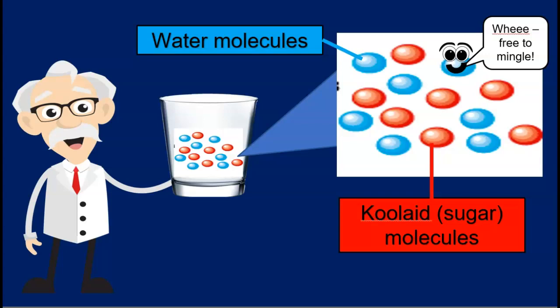They're just floating and they're all together. So you can see the individual water molecules in blue here on this picture and the little Kool-Aid sugar molecules in red. This is what it would look like if we could zoom in with a microscope and look at the little molecules floating around. They're not chemically combining, they're just mingling, as this little guy says. Wee, free to mingle.